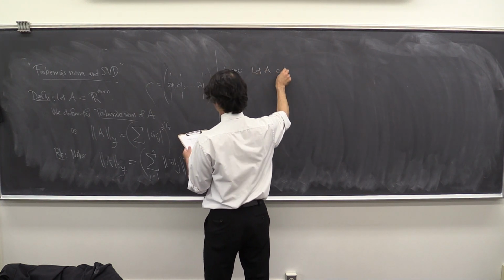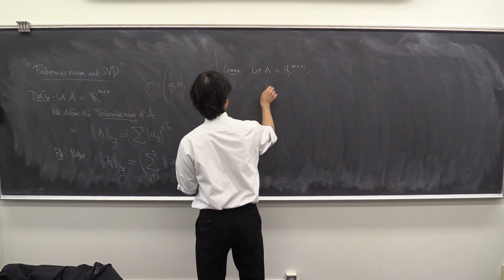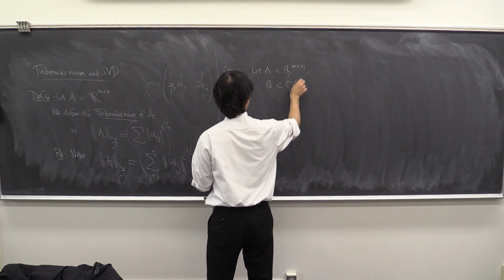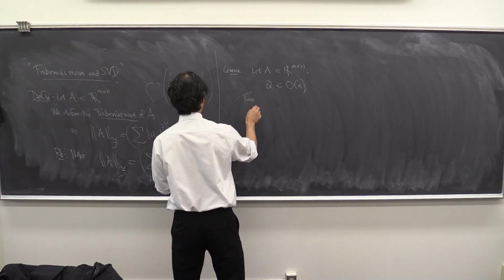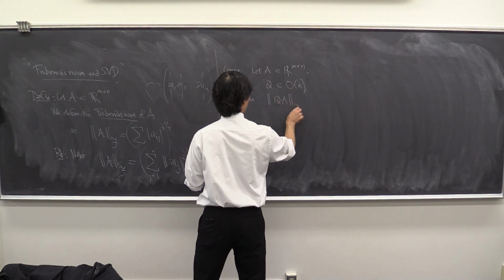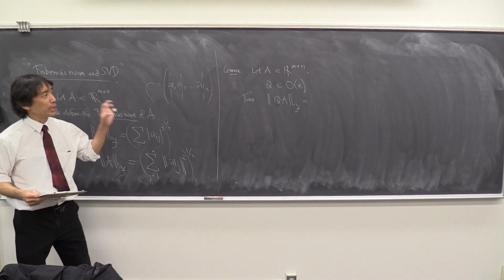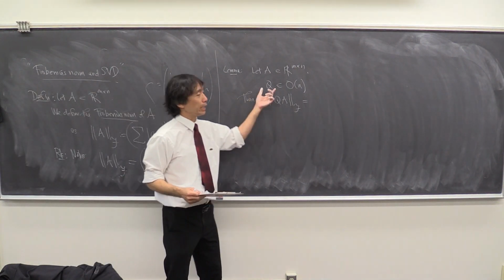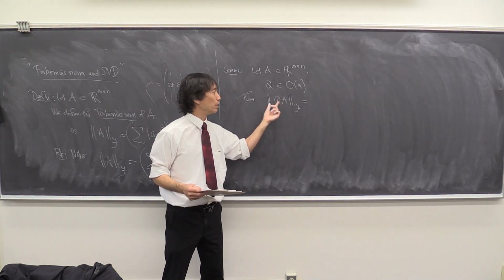Let A be an n by n matrix, and Q be an n by n orthogonal matrix. Then the Frobenius norm of QA. So I take the matrix A and I hit it with an orthogonal matrix on the left.